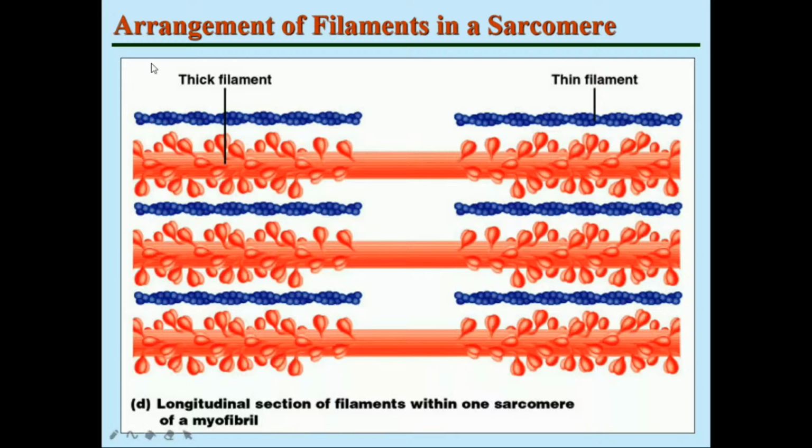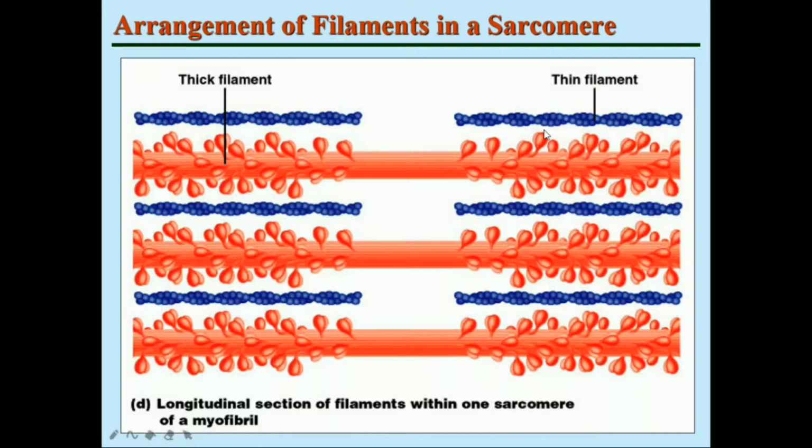And then on either side, the molecules are polymerized in such a way that the cross bridges of half of these myosin molecules project in this direction, and half of them project in the opposite direction.